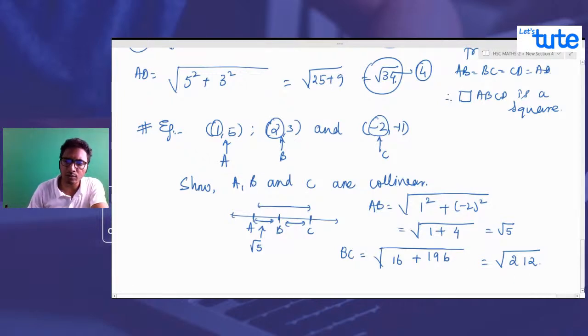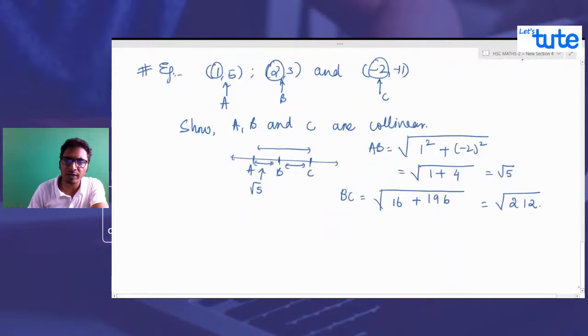Okay, now we are going to find the length of AC. So AC, we are going to use these 2 points, negative 2, negative 1. So that is negative 3 squared plus negative 11, negative 5. So it will be minus 16.